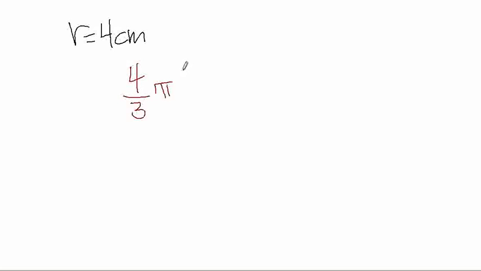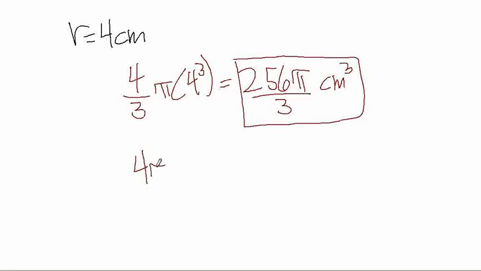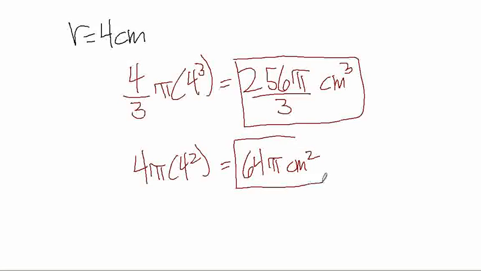The volume, 4/3 pi times 4 cubed, that gives, let's see, 4 to the 4th power is 16 times 16, which is 256, times pi over 3 cubic centimeters. There's the volume. Surface area, 4 pi times 4 squared. 4 times 4 is 16, times 4 is 64 pi centimeters squared for the surface area.